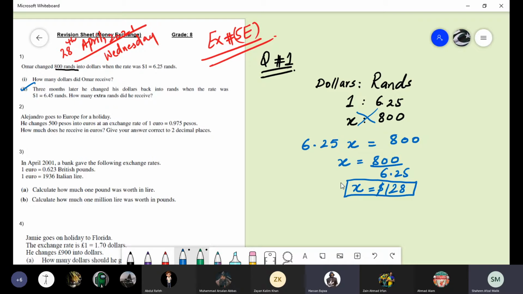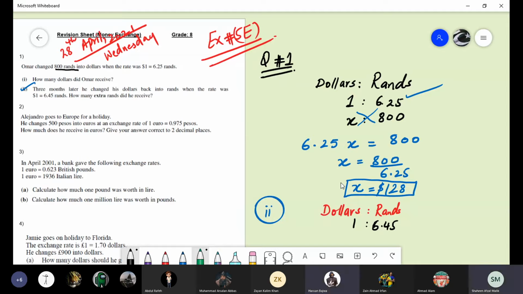The first time the rate of exchange was 6.25, but the second time the rate of exchange changed. How much this time? 6.45. Okay, $1 is 6.45 rands. Write it. Okay, now what's the answer? $1 is equal to 6.45.